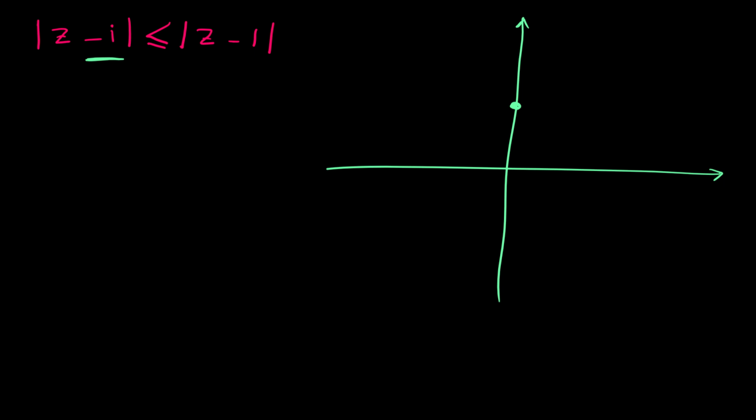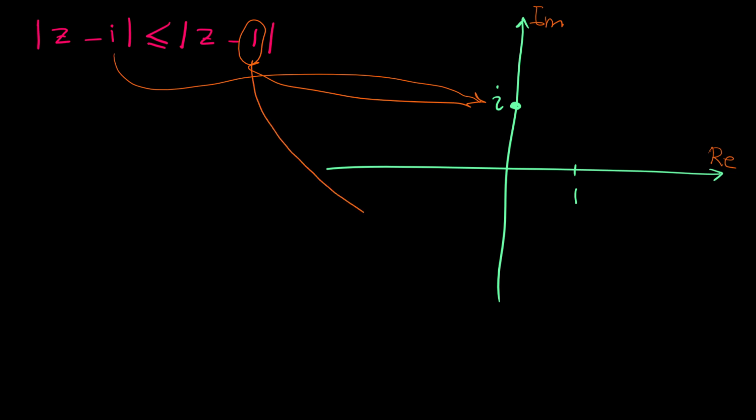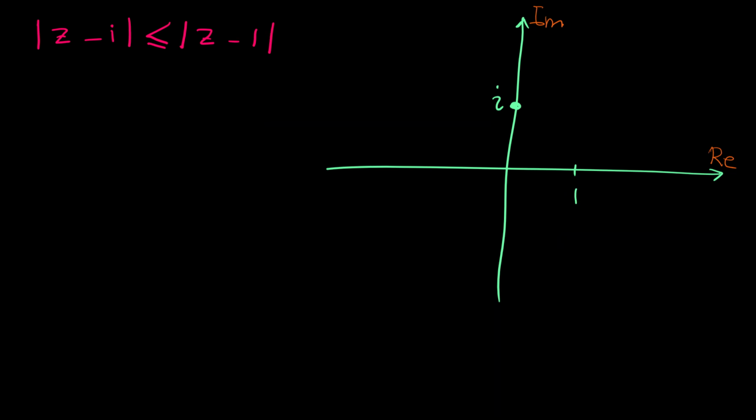Suppose i is here, and we suppose 1 is here. The imaginary axis is the vertical axis, and the real axis is the horizontal axis. That's the reason i goes on the vertical axis and this constant goes on the horizontal axis.